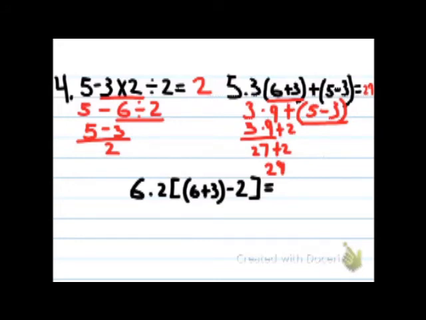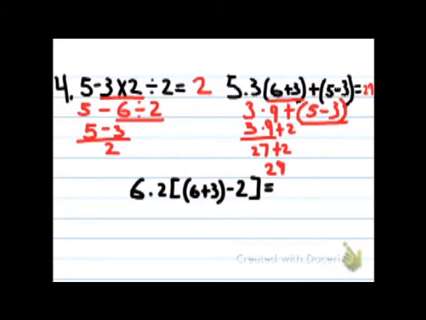For the next problem, there are these things that are called brackets. So brackets are kind of like parentheses, except you're supposed to do the parentheses first, and if there are any more numbers left in the brackets, then you solve those after you solve the parentheses.